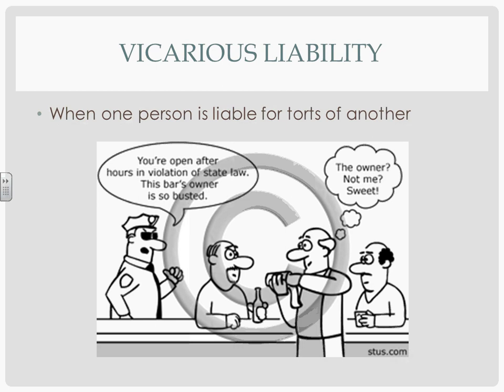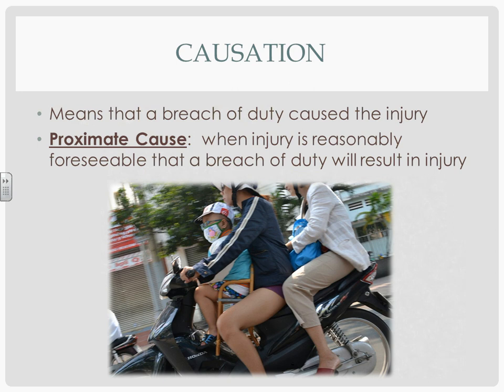So the vicarious liability: the bartender keeping the bar open, who is really going to pay for that? Is it the bartender or the bar owner? The bar owner is going to pay the fines. The bar owner is going to be responsible. So that's called vicarious liability. So the ferry boat driver, our ferry boat example.